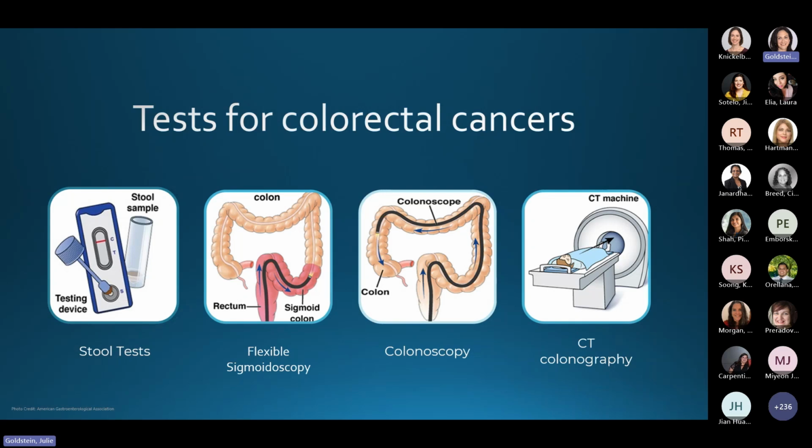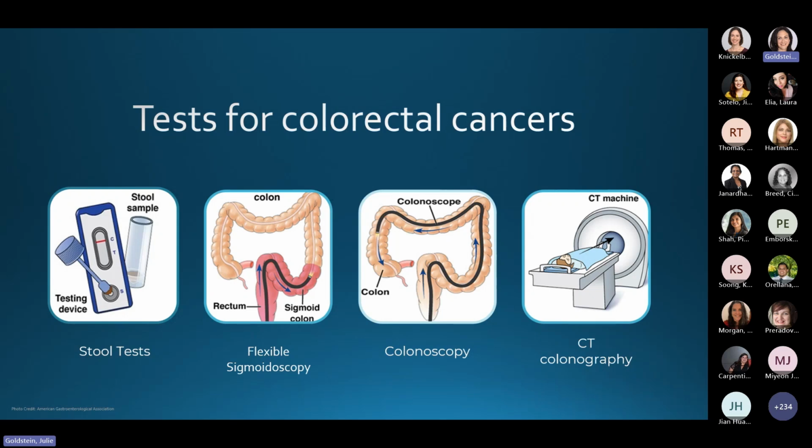We also like to say that these tests can be used as colon cancer prevention. If you remember, we had talked about how typically colon cancer develops through a polyp that then further develops into a cancer. If somebody has a polyp on colonoscopy, that polyp can be removed, preventing it from developing into a colon cancer.